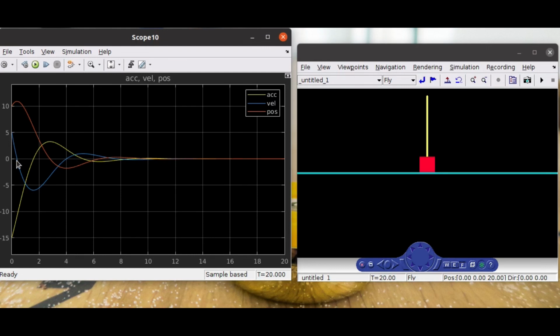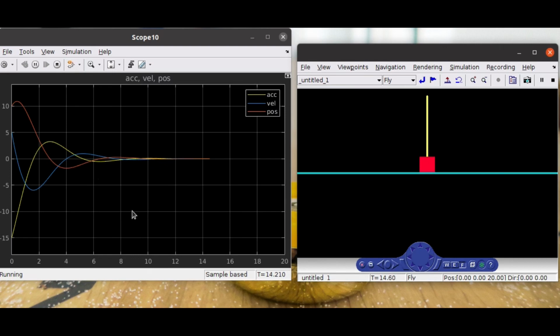Initially the velocity is positive, so the position of the body increases on the right hand side. The velocity reduces gradually, it becomes 0, then it becomes negative, and the body starts moving to the left hand side. It starts approaching the position 0.